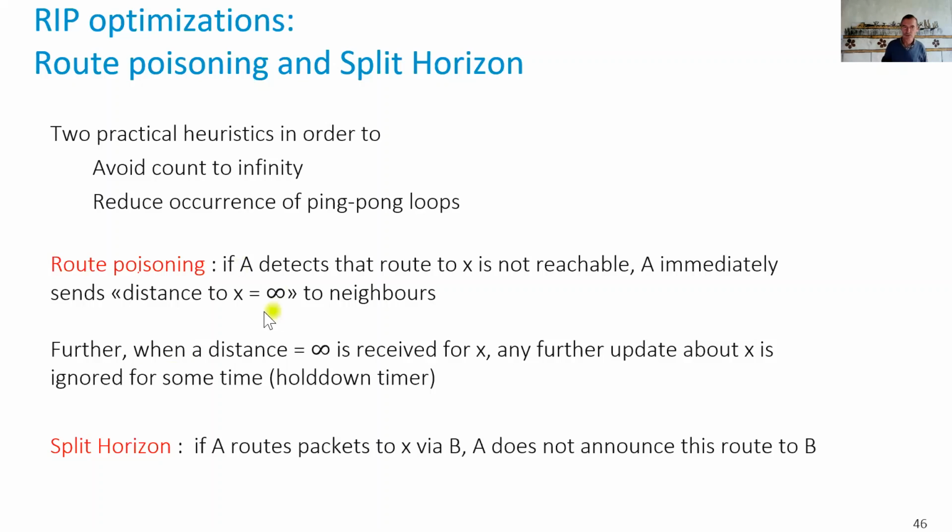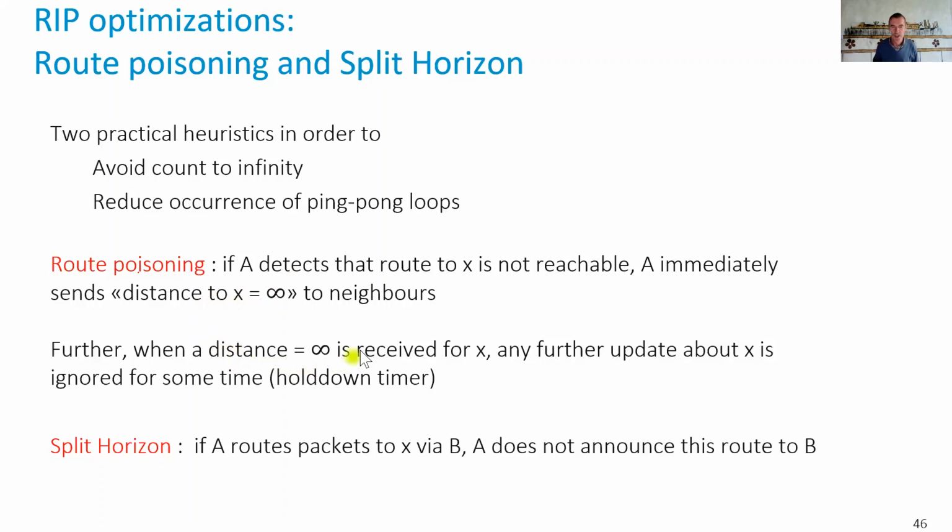But a more radical improvement is, whenever you detect that a route is not reachable, you immediately inform all your neighbors that this route is unreachable, which is equivalent to sending an update with plus infinity. That's called poisoning, in the sense that we don't wait until the calculations percolate through the normal computation. We immediately inform all neighbors of this new value.